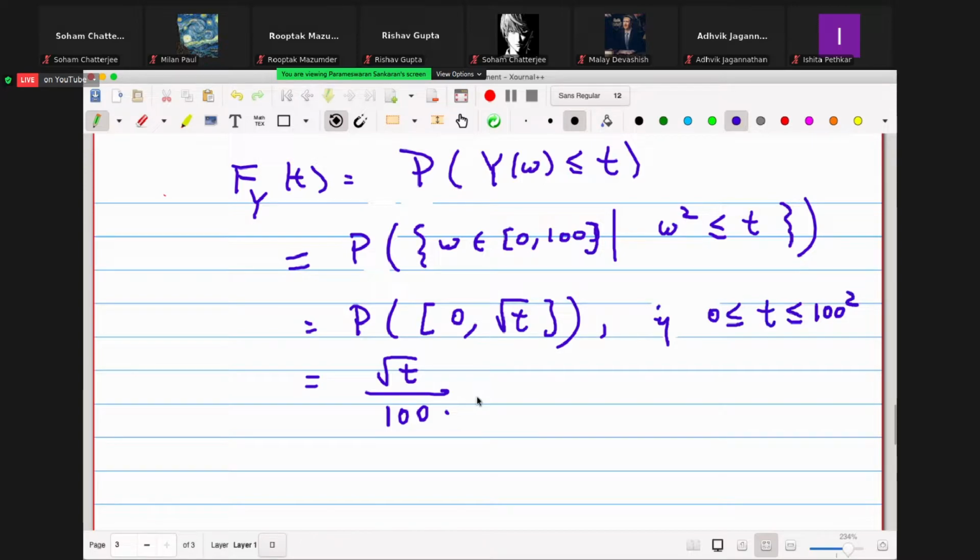What about if this exceeds 100 square? It is equal to 1. So I'll write 1 if t is bigger than or equal to 10,000, and here this is root t divided by 100 for 0 less than or equal to t less than or equal to 10,000. Okay, so now I have one more problem done.